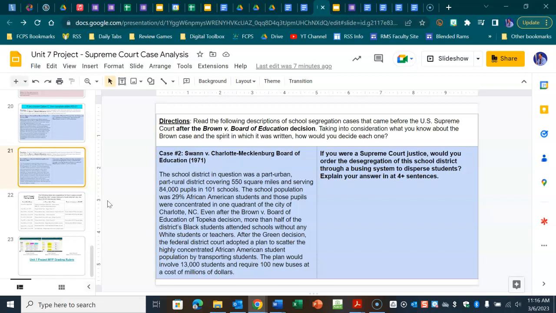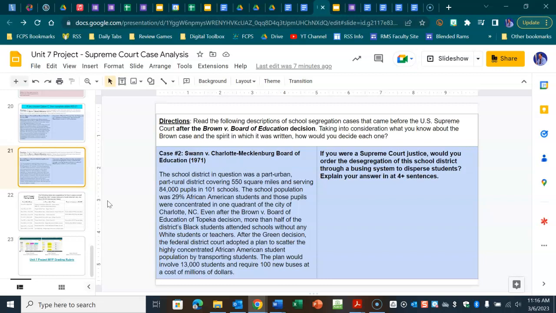Okay, case number 2. The school district in question was a part urban, part rural district covering 550 square miles and serving 84,000 pupils in 101 schools. The school population was 29% African American students, and those pupils were concentrated in one quadrant, one section of the city of Charlotte, North Carolina. Even after the Brown v.